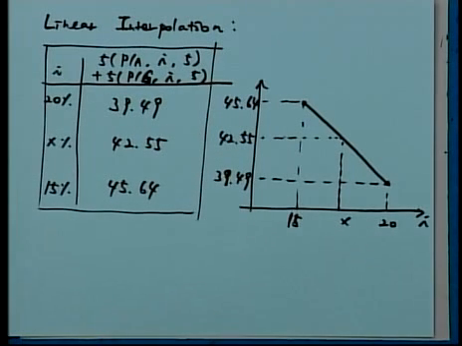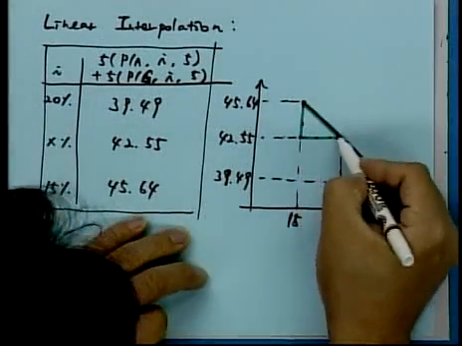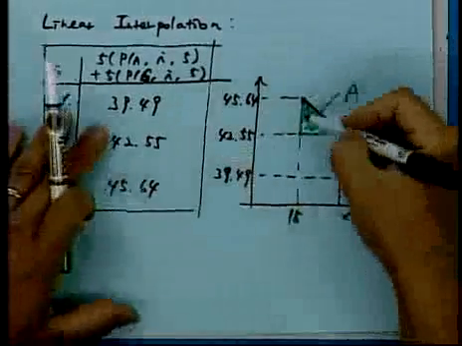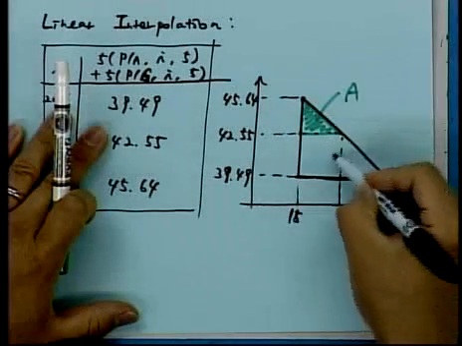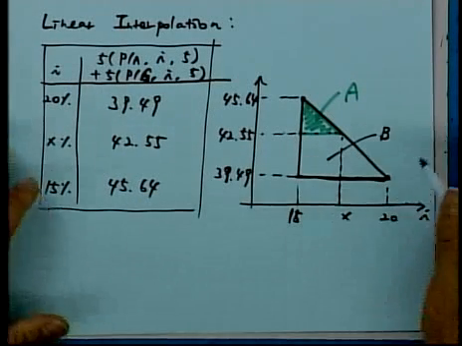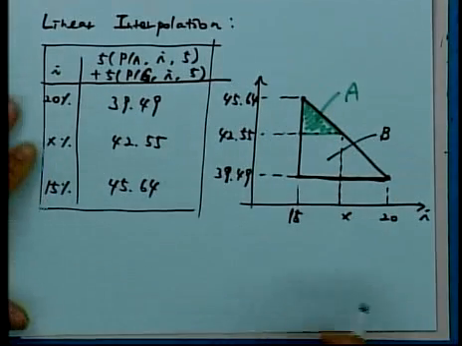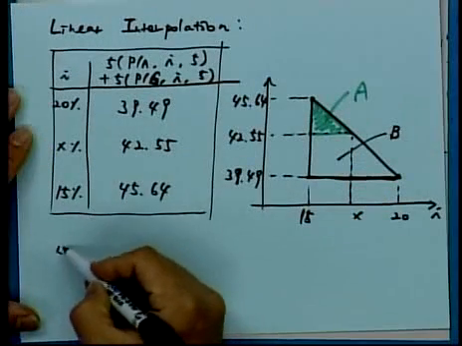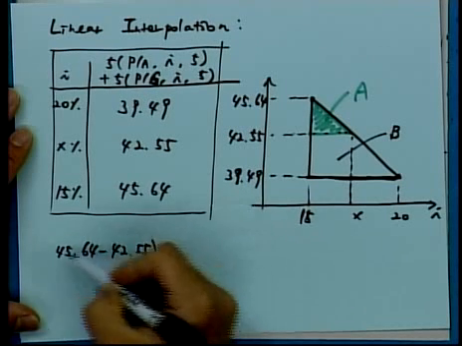Okay, so here we have small triangle A and large triangle B. Okay, and our interpolation relies on these two triangles, right? So again, the height of triangle A is 45.64 minus 42.55.